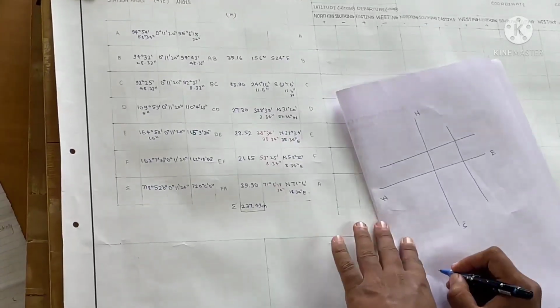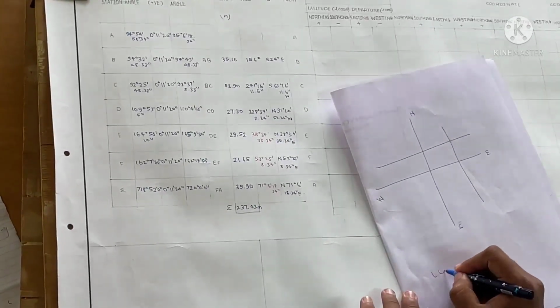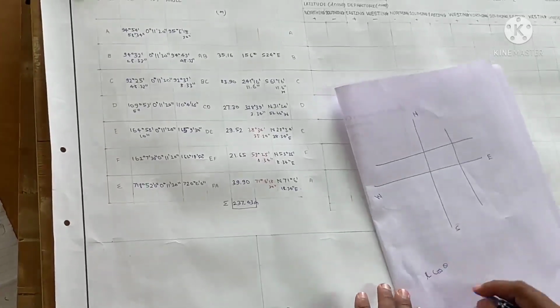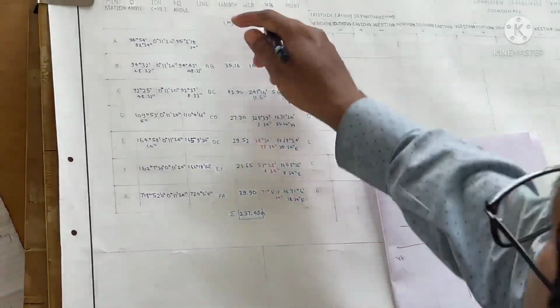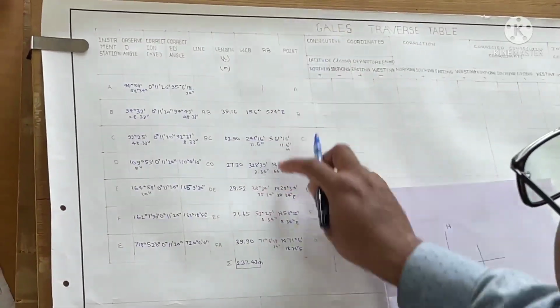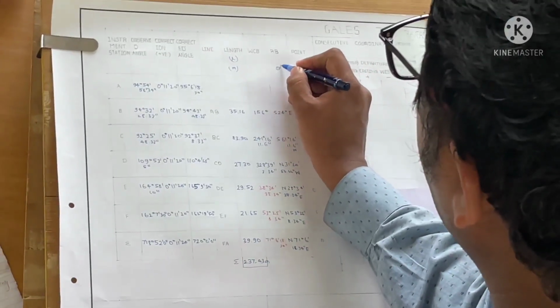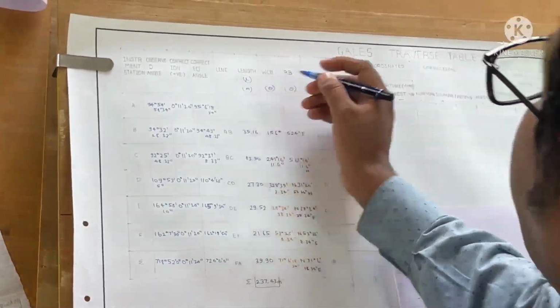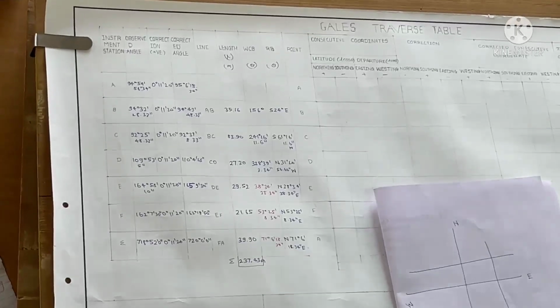The latitude is given by the formula L cos theta, where L is the length and theta is the bearing which we have calculated. It might be either the reduced bearing or the WCB. Correspondingly, the departure is given by the formula L sin theta, where L is again the length and theta is the bearing.